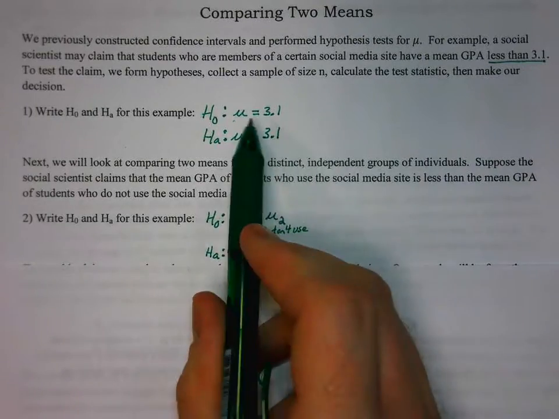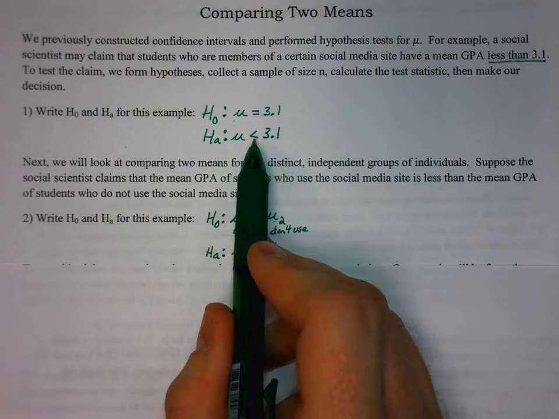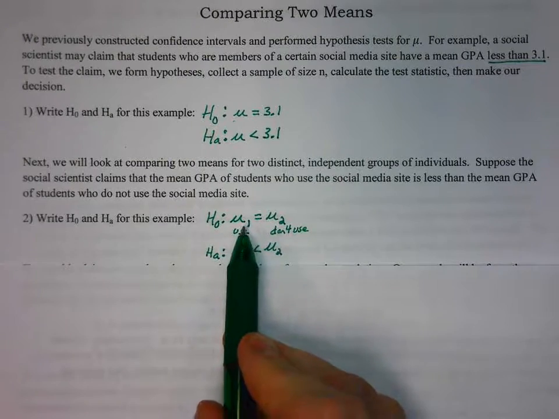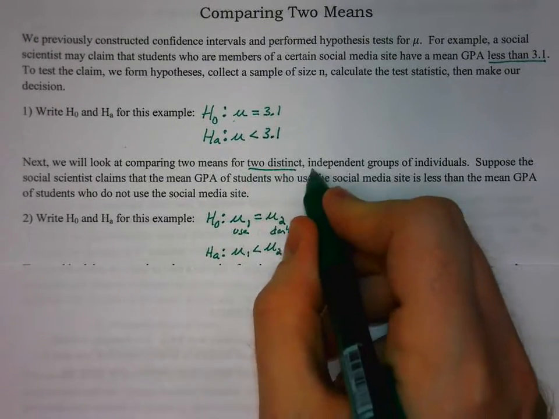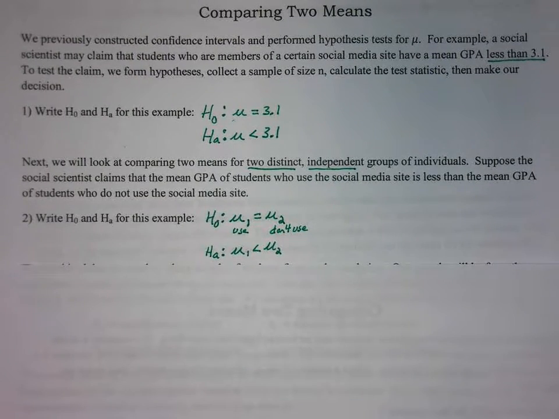Before, you were looking at mu being equal to a specific number, or less than a certain number, greater than a certain number, not equal to a certain number. Now we're looking at comparing two means, one mean against another mean. Again, it's important to note that these are two distinct independent groups of individuals. You're not going to have students that use the site and don't use the site.